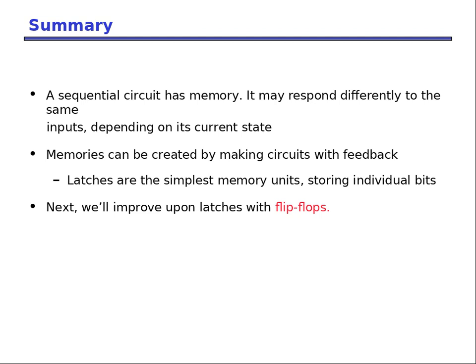So, let me, give me a number between 0 and 15 inclusively. 13. All right, so you said 13, so we need to have the 8 on, we need to have the 4 on, and we need to have the 1 on, and we put a 0 here. Perfect. And then we need to have our C value.